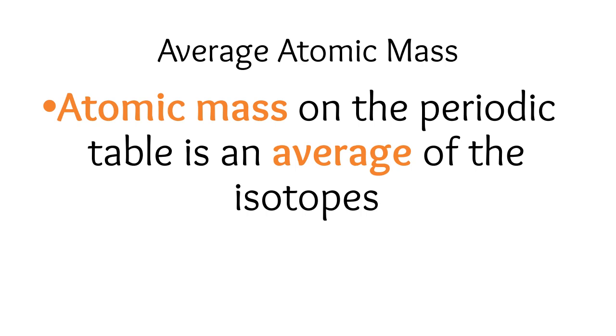The average atomic mass that's given on the periodic table is an average of all 3 of those. And we're going to talk about how to calculate that by knowing what the isotopes are and how much they are found in the real world, or in nature.